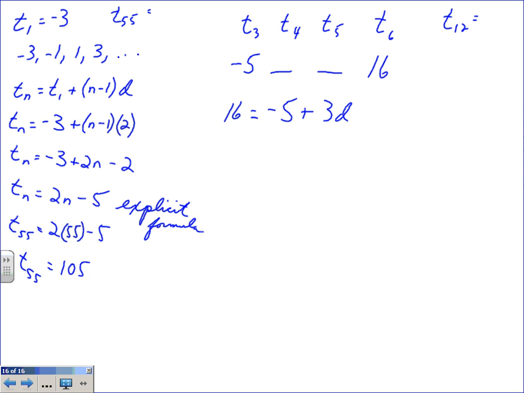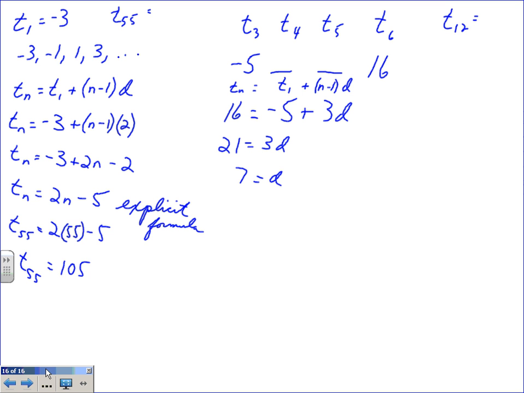The formula: Tn equals T1 plus n minus 1 times D. Because I want to be able to find out what D is. Okay? Adding 5, 21 equals 3D. D is equal to 7. So we did that to find out what the common difference is.